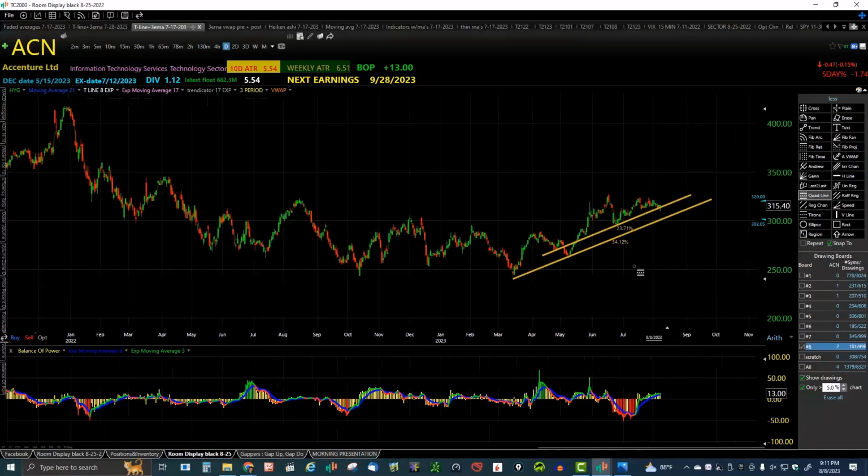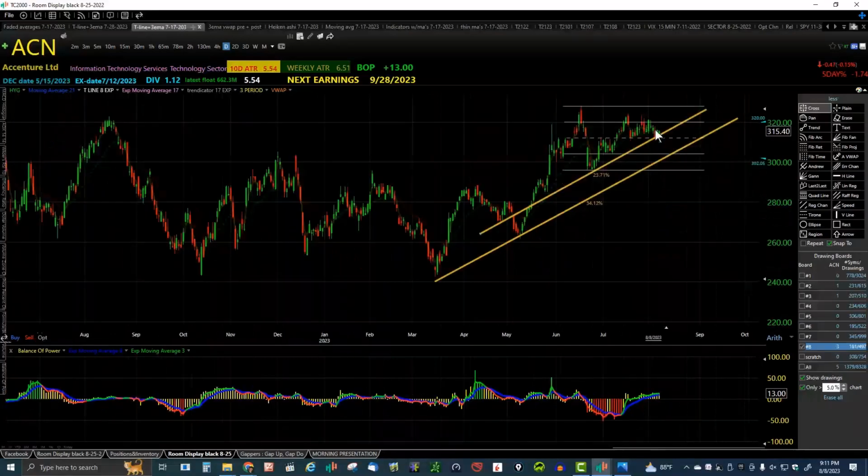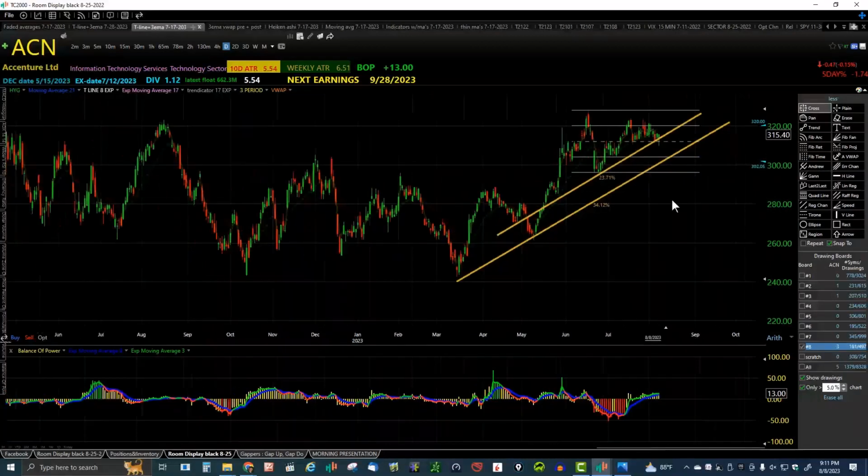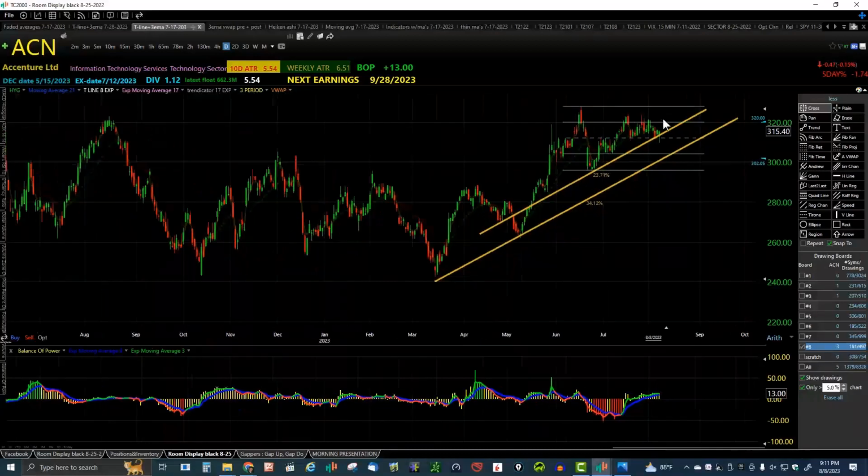And if we take the quads, this is your low. From this low, you're staying in the upper third. That's bullish. All right, now let's just check them from one more low. From this low, you're still in the upper 30%. See how price is up there still? Now we take them from this pullback. You're remaining in the upper half. Everything is still bullish about ACN. Nothing bearish yet except for these lower highs.